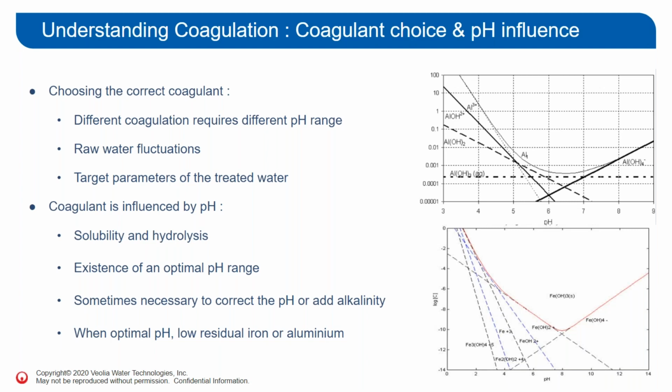There are typical ranges where you might need either pH adjustment or alkalinity addition, or both, to get a final hydrolysis of those coagulants.